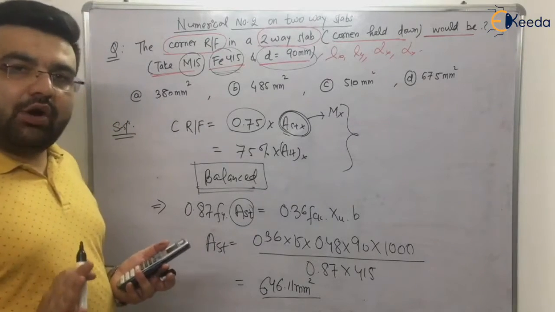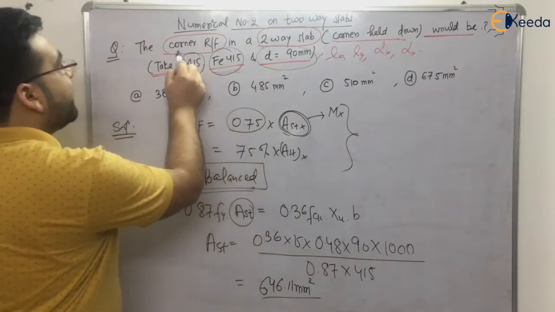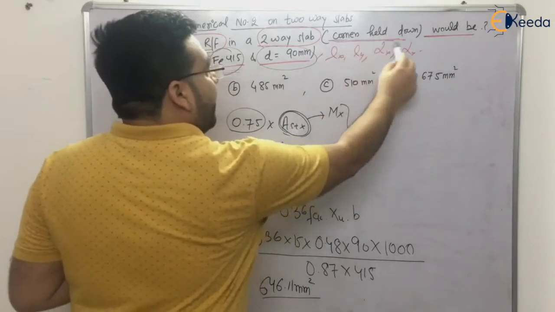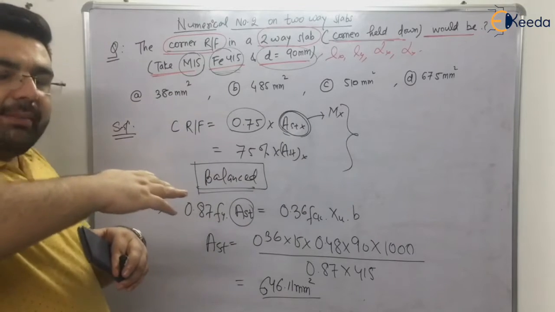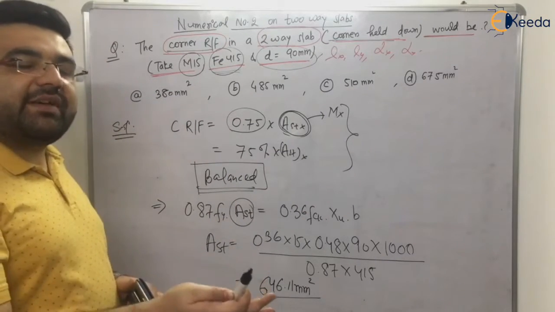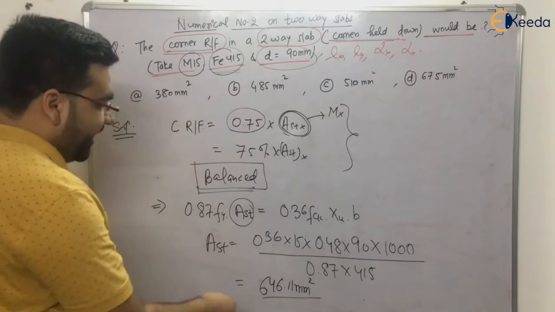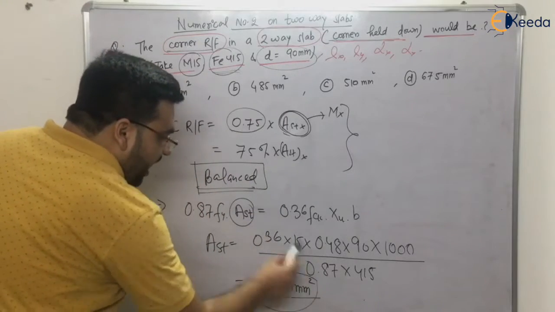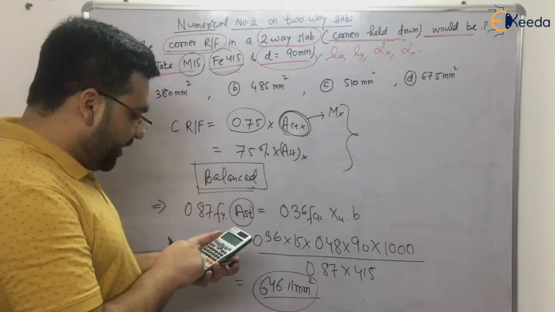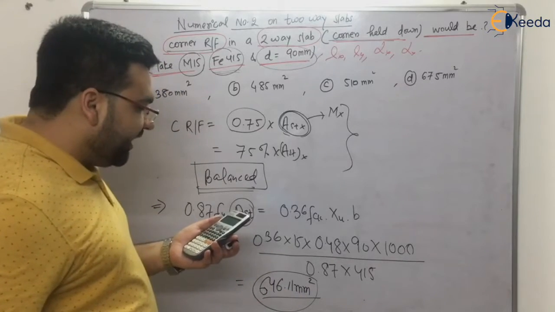Now it is just a cakewalk. What we have to do? We have to determine the corner reinforcement, and I told you that if the corners are held down, it means it is a restrained slab, then the torsional reinforcement has to be provided at the corners, which is 75% of the total reinforcement. Total reinforcement is this much. How much will be 75%? Multiplied with 0.75, I am getting 484.5.